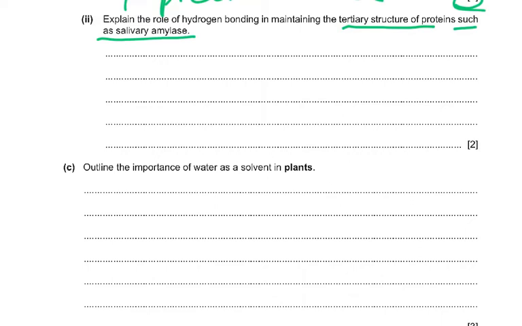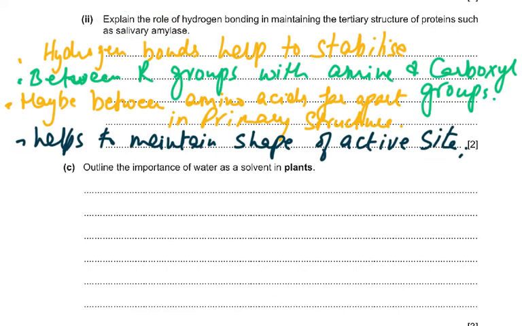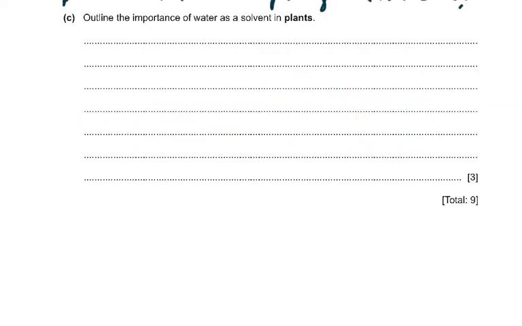This helps to maintain the globular shape, and of course the shape of the active site because it's an enzyme. The active site is the most important part of an enzyme. So the wording: hydrogen bonds help to stabilize between R groups with amine and carboxyl groups, maybe between amino acids far apart in the primary structure, and help to maintain the shape of the active site.